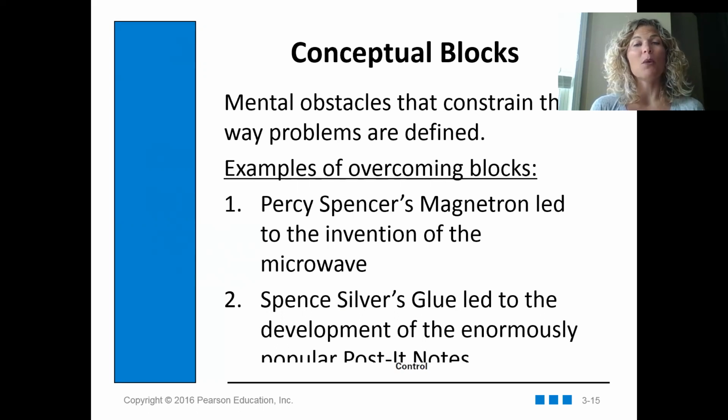We're all familiar with the microwave and the Post-it note. So it's interesting to look at the process of how they came to be, and they provide some good examples of these conceptual blocks. I encourage you to skim through those, because they provide a good tangible example for you.